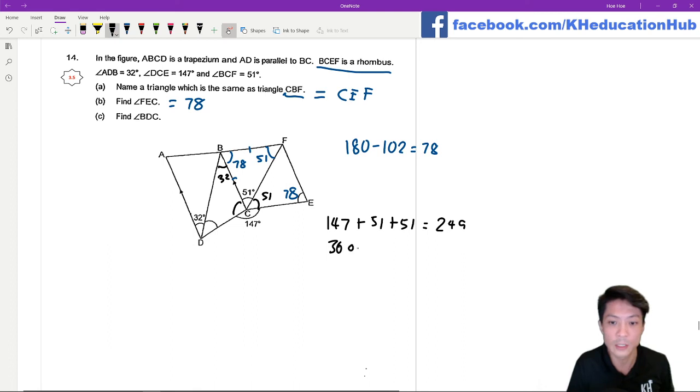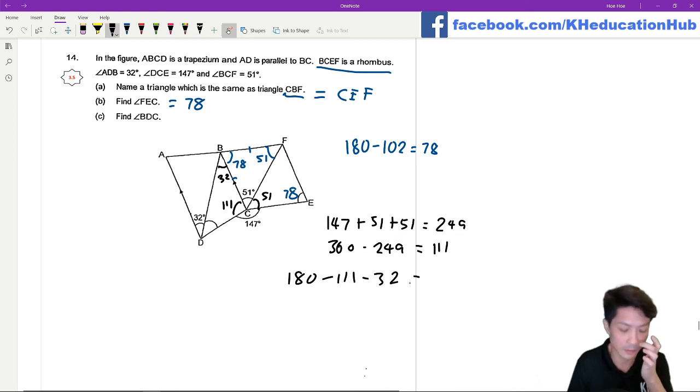So 360 minus 249 is equal to 111. So over here, this is 111. To find this angle, we use 180 minus 111 minus 32, which is 37. So this is 37.